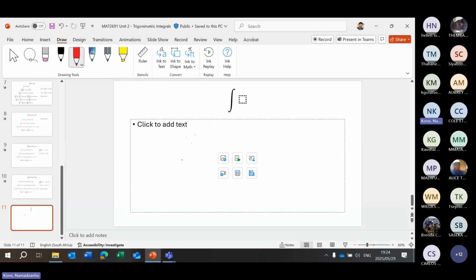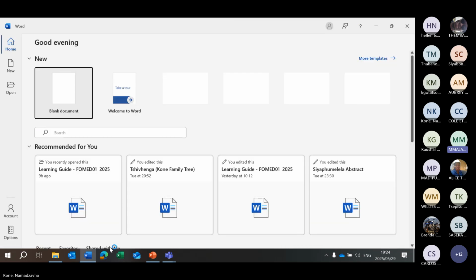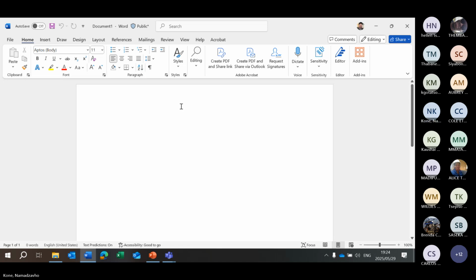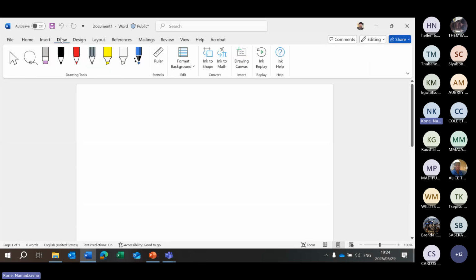Let me go and learn how to do this, and we will do it. Maybe what I can do for now is open a blank Word document, and then I think it will also be easier for you to draw on it and write your integrals and your equations freehand. Let me go there. Go to draw. There I go.